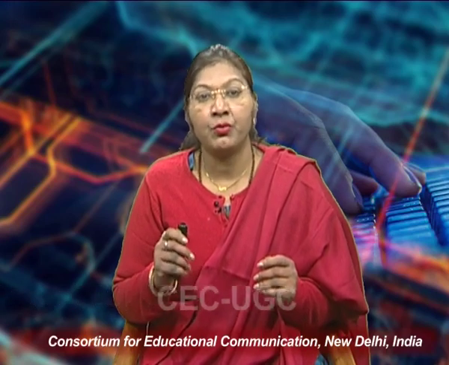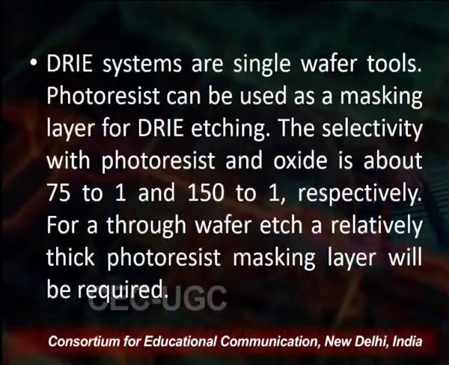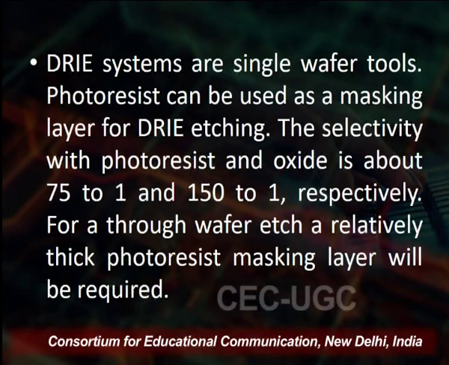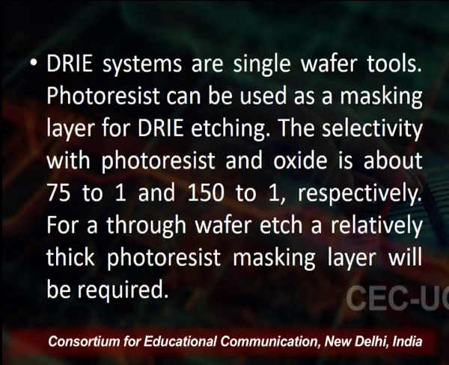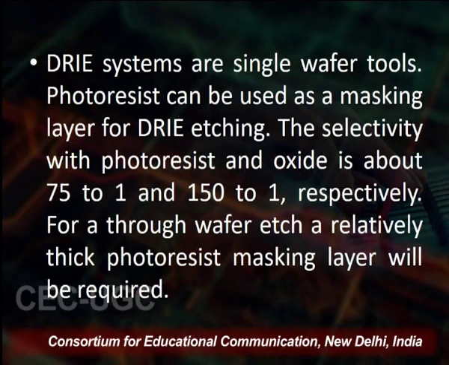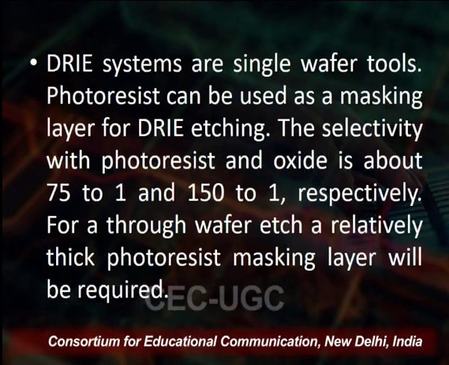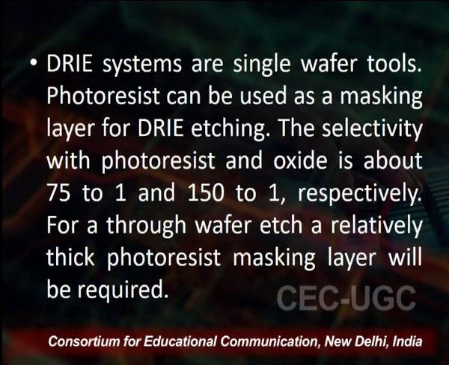So, these side walls are not perfectly or optically smooth, and if the side wall is magnified using SEM inspection, a characteristic washboard or scalloped pattern is seen on the side wall. The etch rate of most commercial DRIE systems varies from 1 to 4 microns per minute, and DRIE systems are single wafer tools, as we have seen previously.